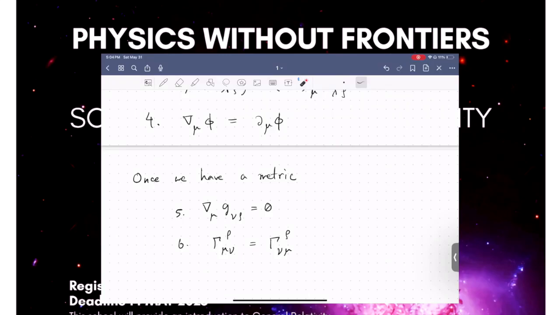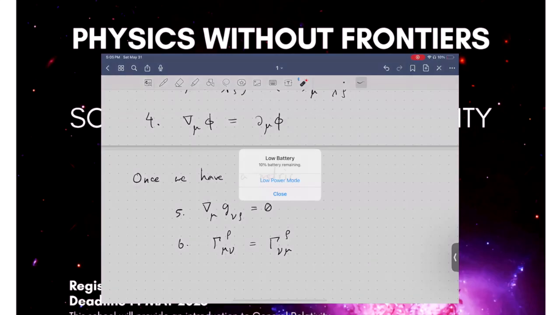If we define a covariant derivative, do we have a notion of a reverse map then? That's a very good question. The answer is no, we do not.